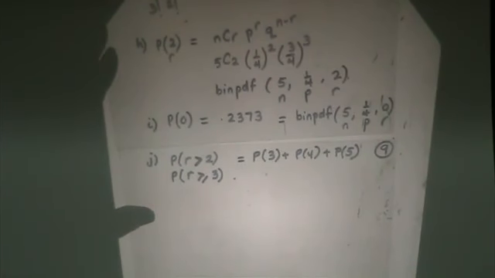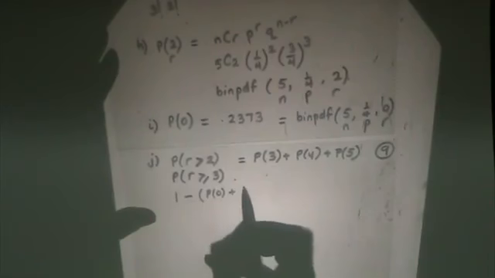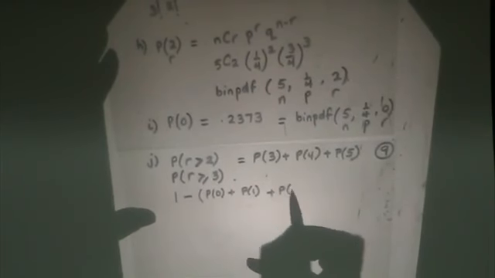So I could either find 3 products, which I don't want to do, or I could let the calculator do the work. This would be 1 minus probability of 0 or 1 or 2.